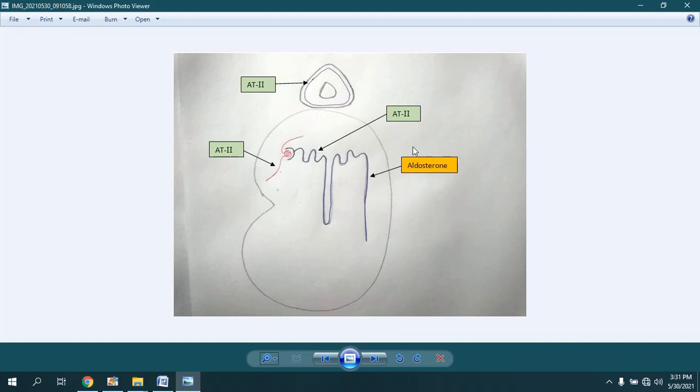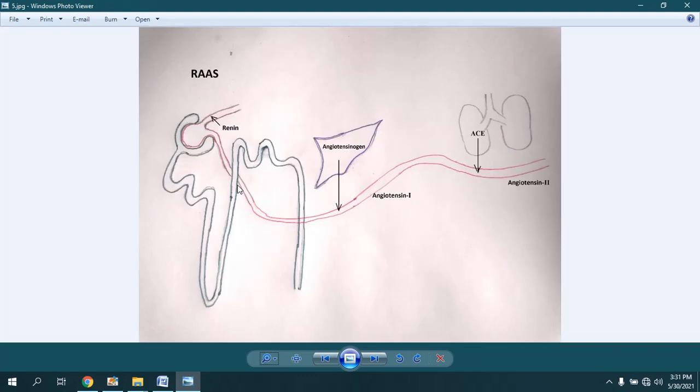Angiotensin increases the water absorption, so it increases the blood pressure. So what are we doing with the angiotensin converting enzyme? The ACE inhibitors are the drugs which inhibit this enzyme. So when this enzyme is inhibited, the angiotensin II formation will be stopped. When the angiotensin II formation stops, the blood pressure will be decreased.